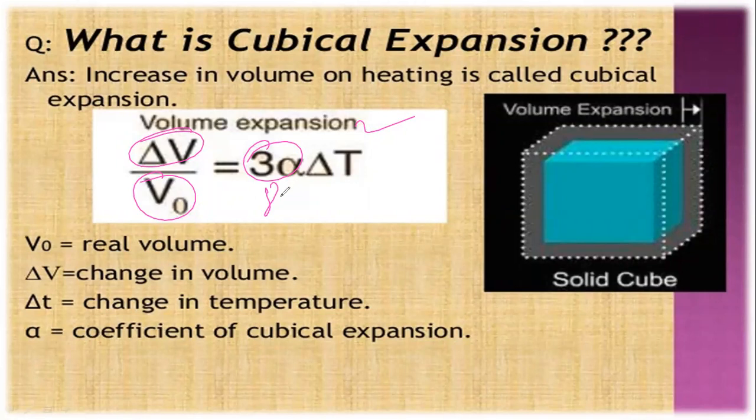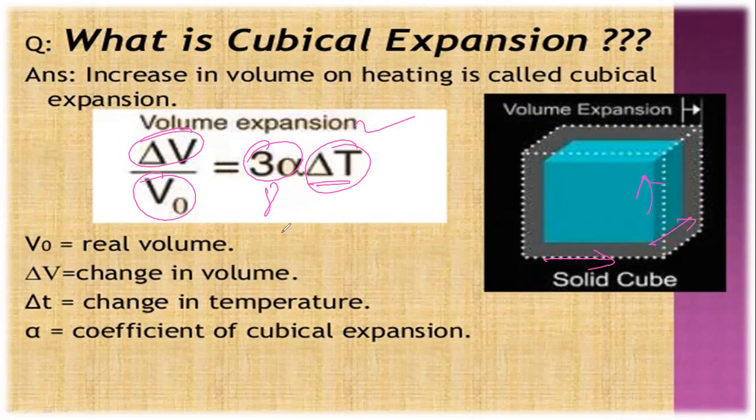So we will say for cubical expansion, which is beta, which is showing the change in length, change in breadth, and change in height. So with the change in temperature, until and unless we give the heat, we are not changing the temperature, we will not observe the change in the volume over there.